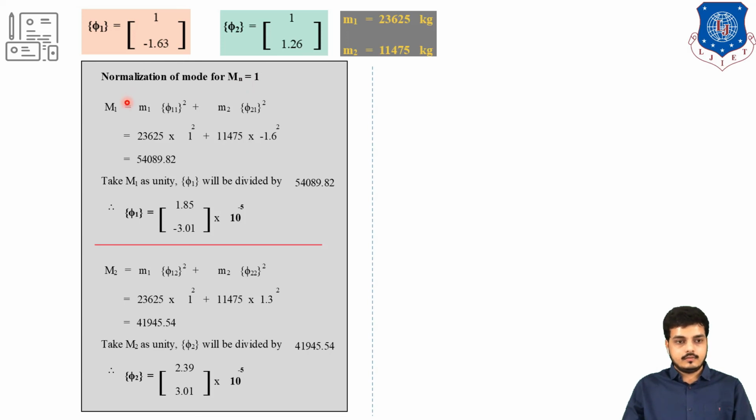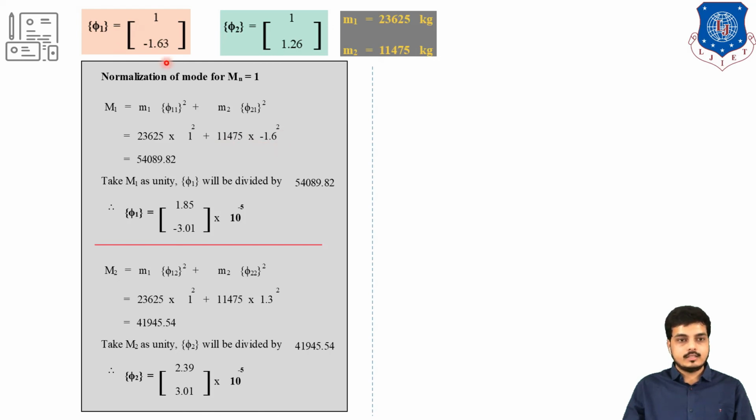First of all, M1 equals small m1, which is my mass at the first floor, into phi 11, which I have recently found, plus m2 into phi 21. Here it is phi 21. So m1 we have 23625 and phi 11 is 1, plus m2 we have 11475 kg into minus 1.6.